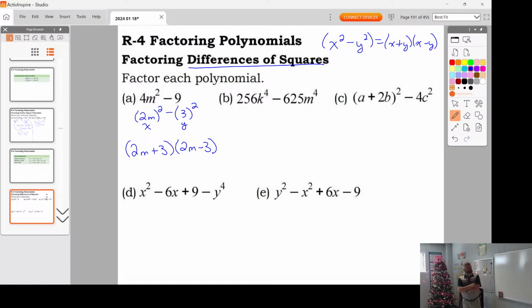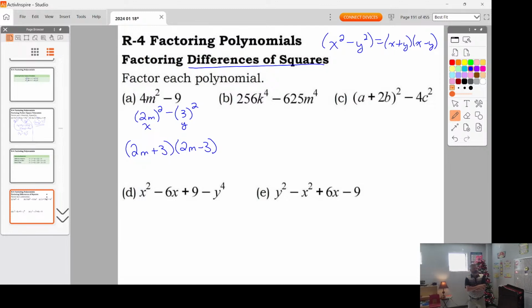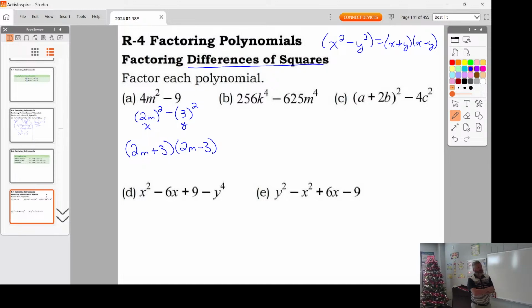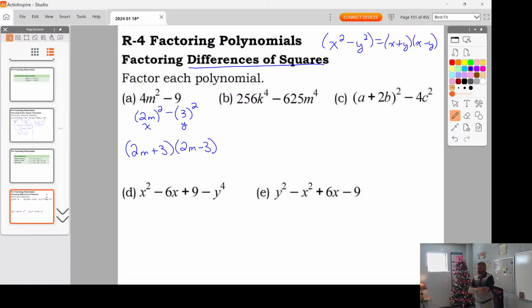Okay. Part B. 256k to the fourth minus 625m to the fourth. Is 256k to the fourth a perfect square? Yes.